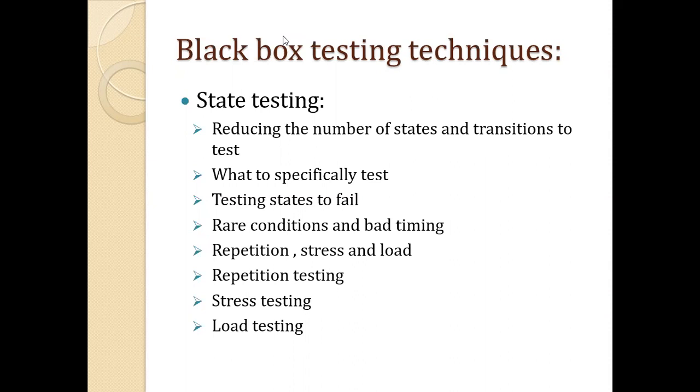Then second is what to specifically test. Testing states and state transitions involves checking all the static variables, the static conditions, information, values, functionality, and so on that are associated with being in that state or moving to and from the state.